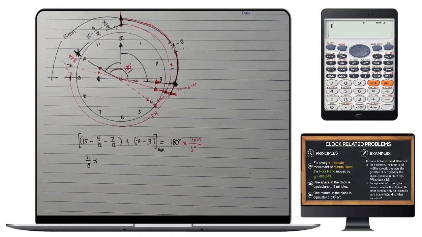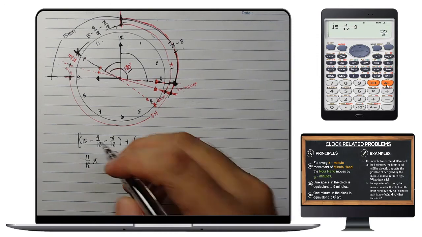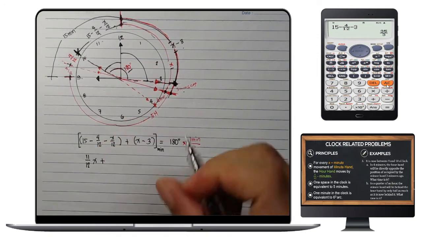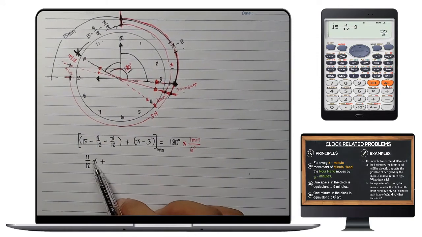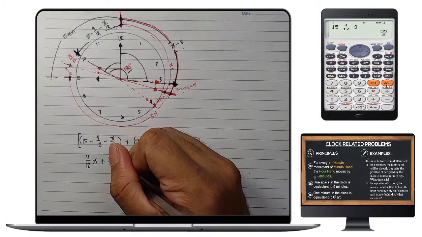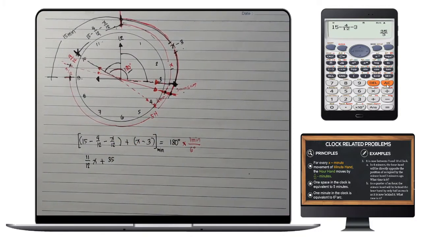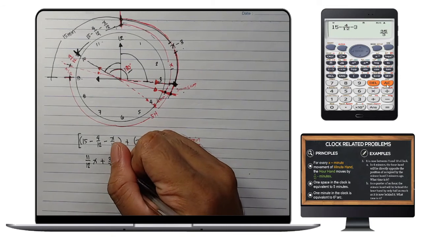Then we have 15, combining like terms, minus 4 over 12 or 1/3, then minus 3, so that is 35 over 3. So when we combine this, that is 11 over 12 x plus 35 over 3.